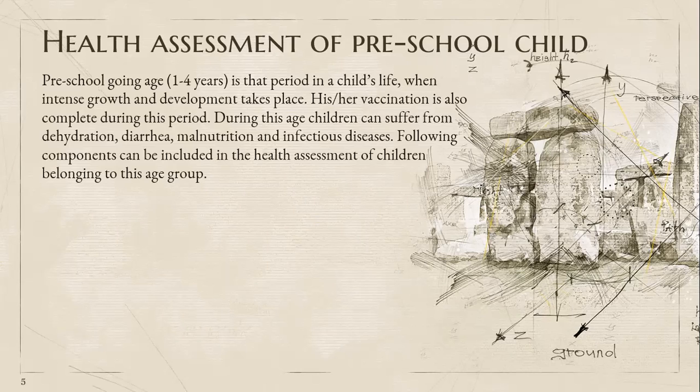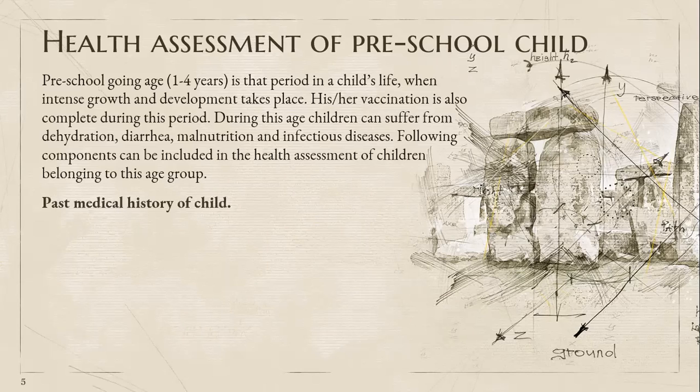During this age, children can suffer from dehydration, diarrhea, malnutrition, and infectious diseases. Because this is a vulnerable group, the following components can be included in the health assessment of children belonging to this age group.